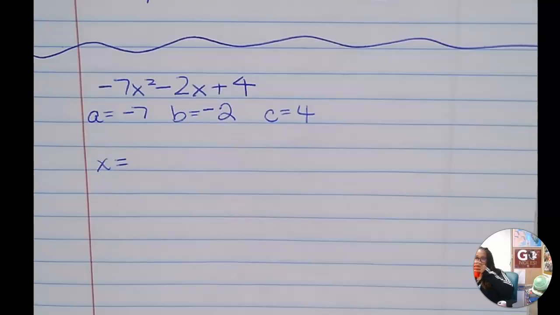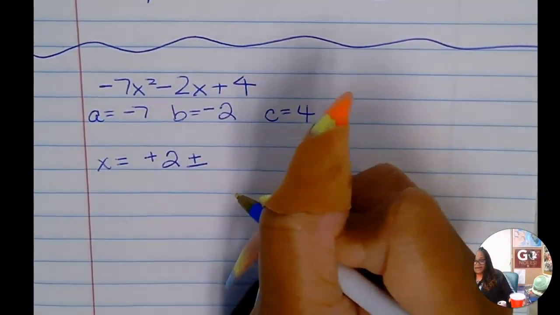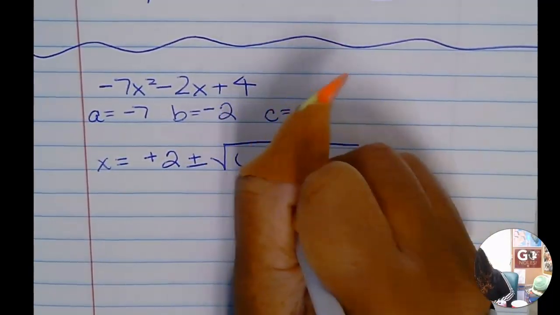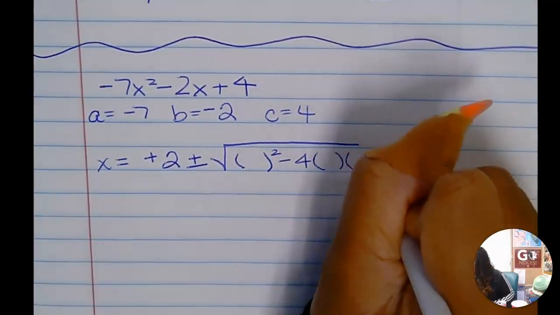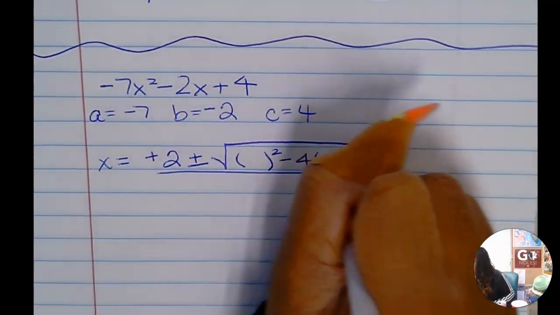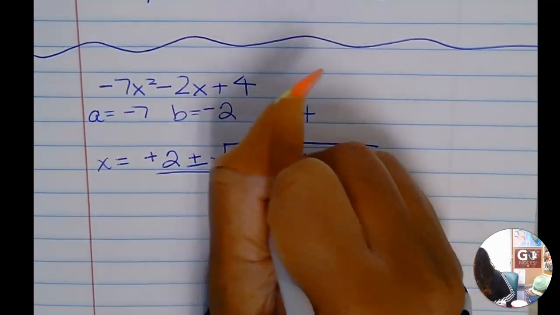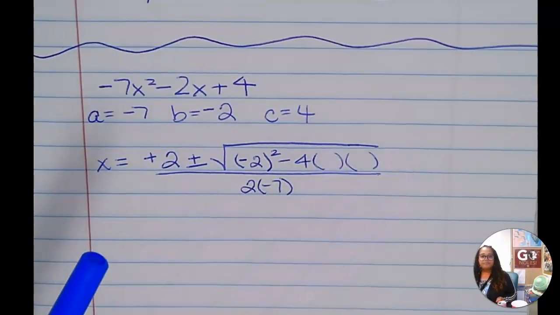What's the opposite of b? Positive 2 plus or minus radical or square root b squared minus 4ac. Put a negative 2 in the square, and then who's a and c?